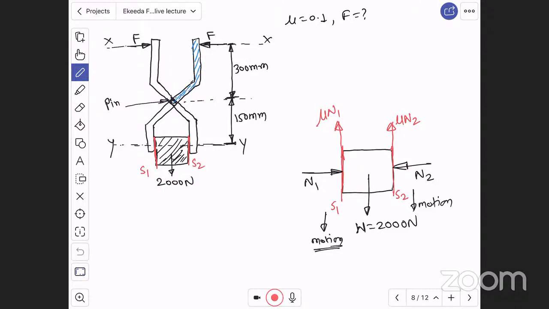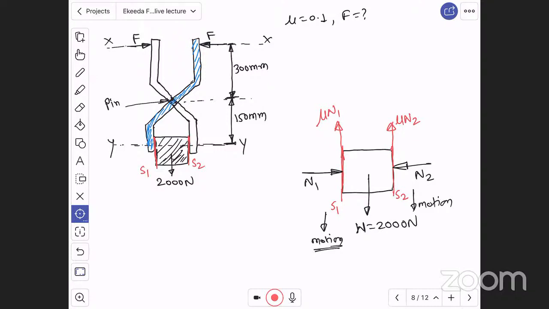For this arm, this surface is in contact with surface 1, and here force F is applied over this arm.